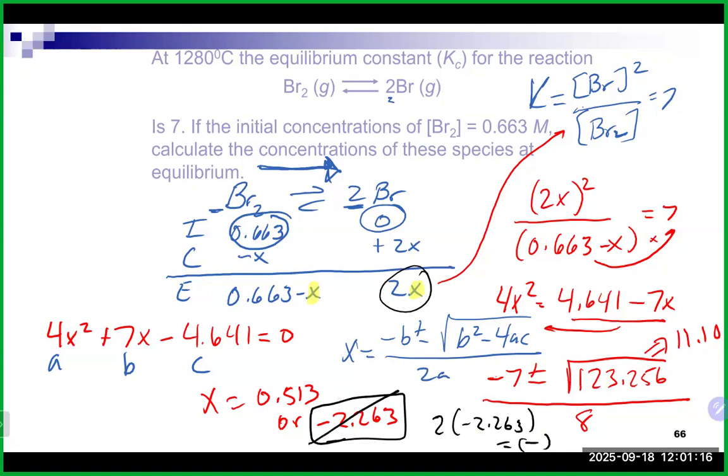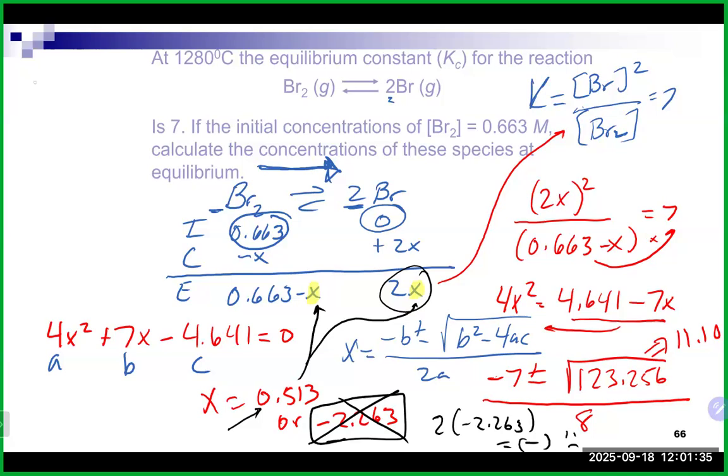So this would not be obviously the best choice here to use. That will leave us this guy here, which would be a good choice to use because that should give me some positive numbers. So at this point, I can now put my X value back into my equilibrium line.